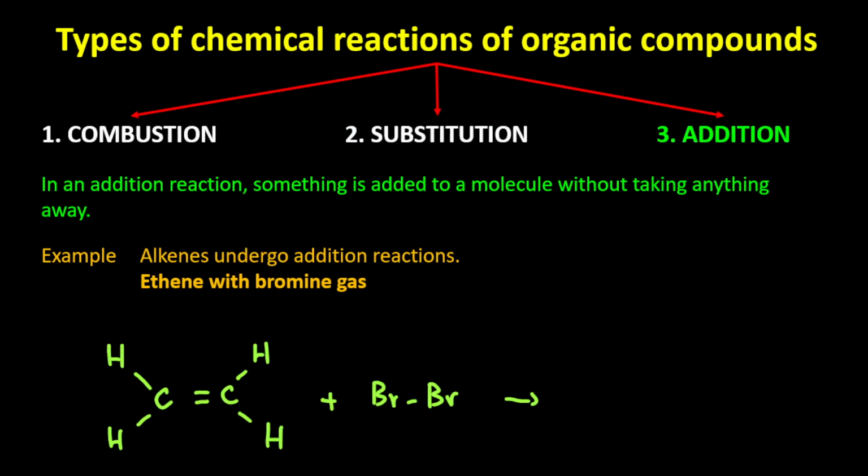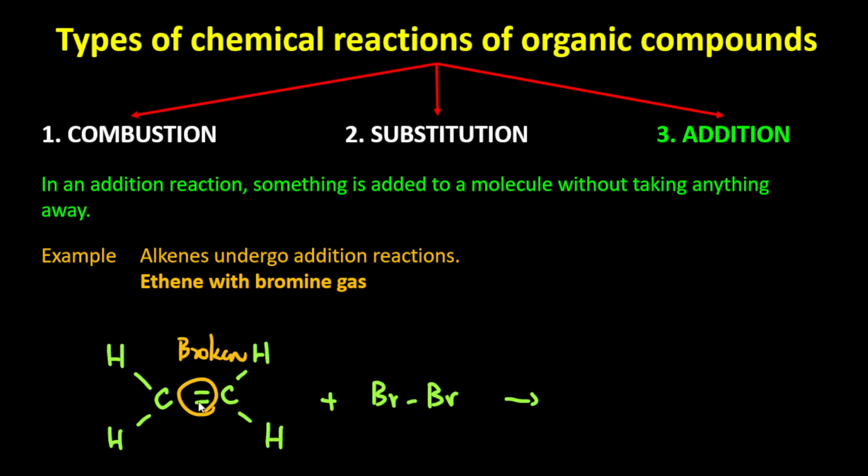So last one is addition. What's different about addition from substitution is that Br is going to be added, but it's not going to take anything away. There's still going to be C2 and H4. The addition is that we have Br. But in this case, for Br to be added, the double bond here has to be broken, okay, to make space for Br.